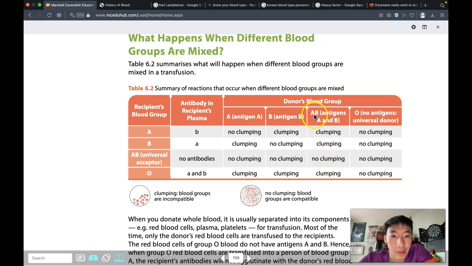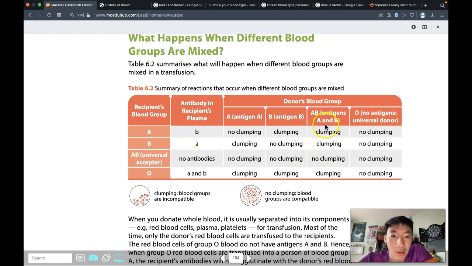So A and B, right? This person's red blood cells have both antigen A and antigen B. So if we donate to a recipient with A, that recipient has antibody B, it will cause clumping. Same thing if we donate to a recipient with blood group B, the recipient's plasma has antibody A, so it also will cause agglutination.